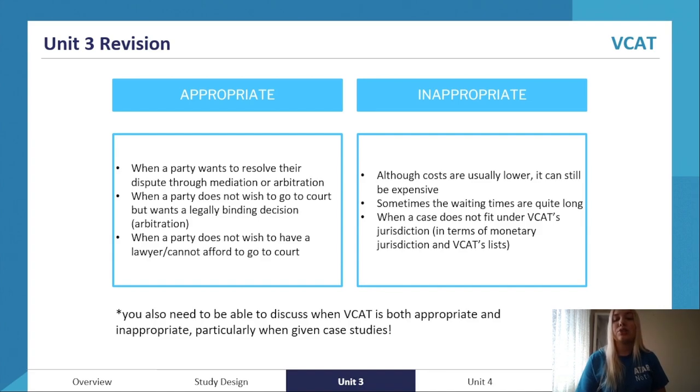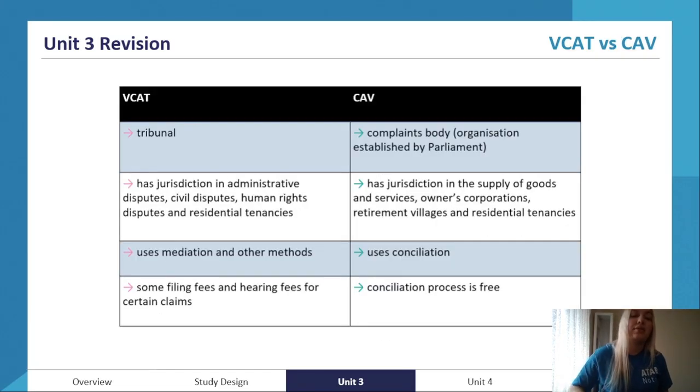However, although costs are usually lower, VCAT can still be very, very expensive depending on the list. Some waiting times are really long as well, depending on what type of dispute. When a case doesn't fit under VCAT's jurisdiction as well, we shouldn't pursue the case in VCAT. So you'll need to be able to compare the two, and here are some points for you. You can compare their jurisdiction directly, what methods they use.